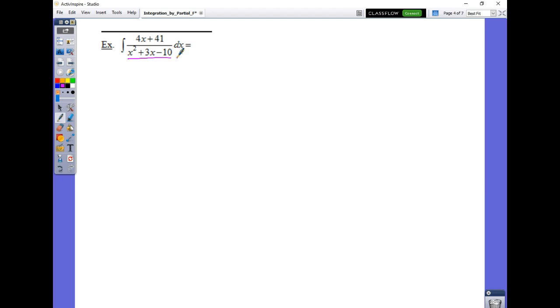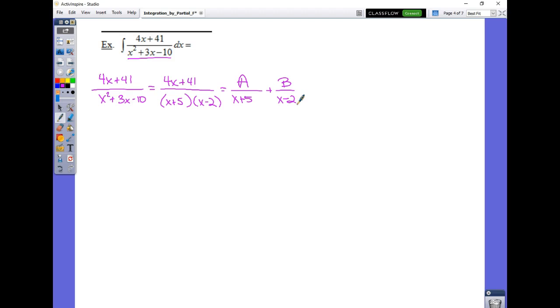So partial fraction decomposition says that 4x plus 41 over x squared plus 3x minus 10 can be rewritten as 4x plus 41 over the factors, x plus 5 and x minus 2, and that can be rewritten as A over x plus 5 plus B over x minus 2.